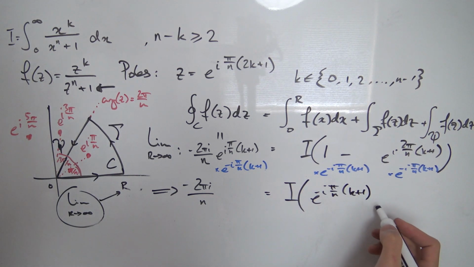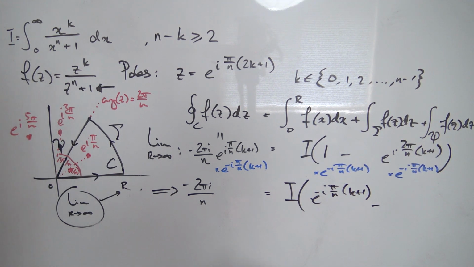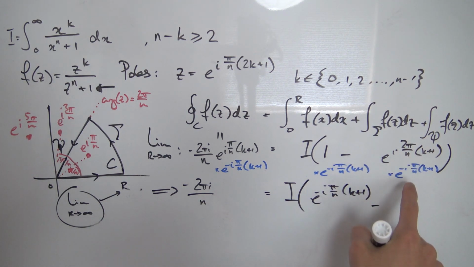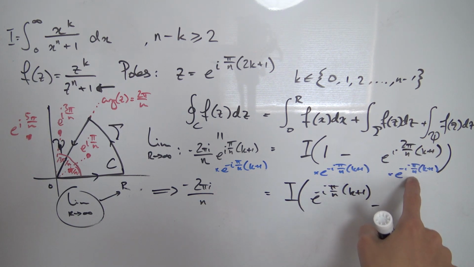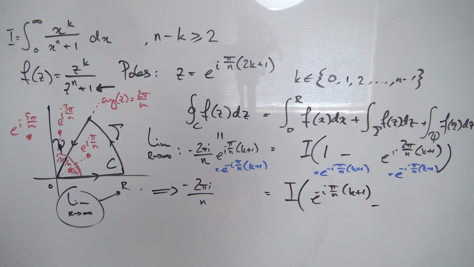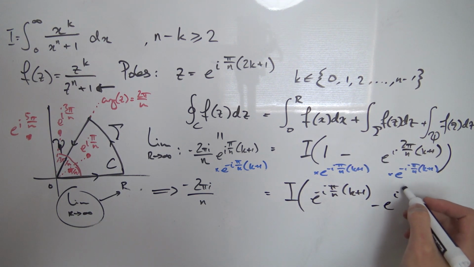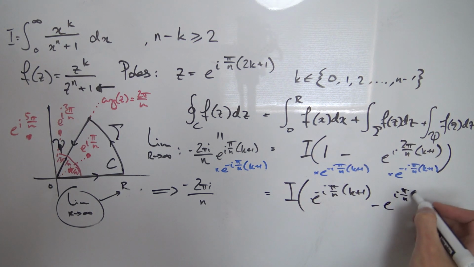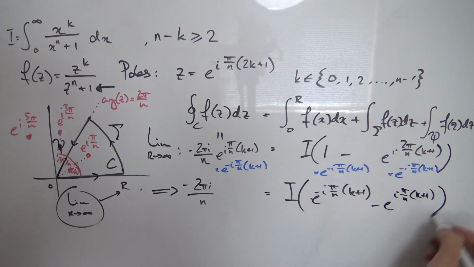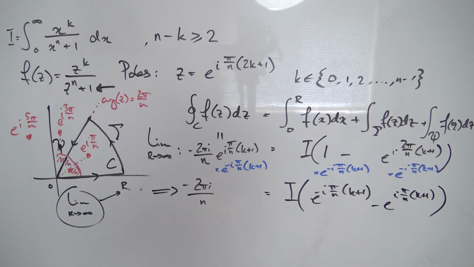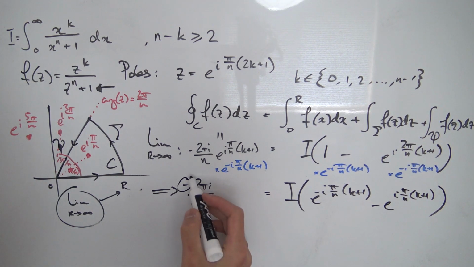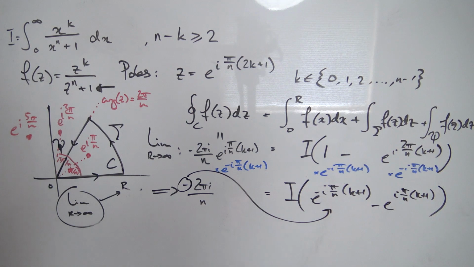And how about on this term right here? Well, notice this is 2 pi over n, and this is minus pi over n, and 2 minus 1 is 1, so on this term we get e to the I pi over n times k plus 1, like so. Alright, that's quite nice. And now let's bring this negative and distribute it into this factor.